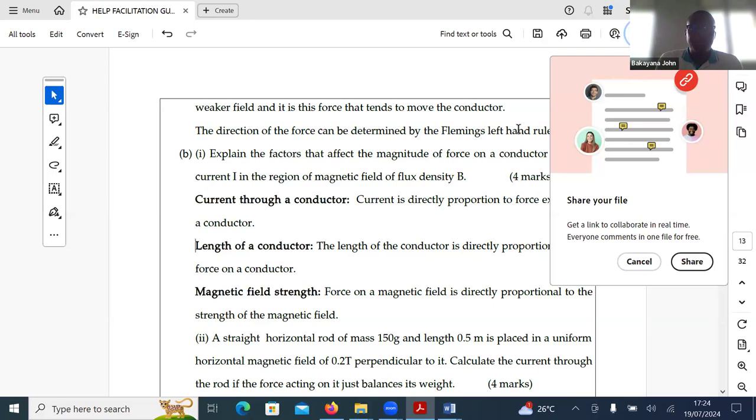So the factors that affect the force that is exerted on a conductor carrying current. A conductor carrying current experiences which kind of force?